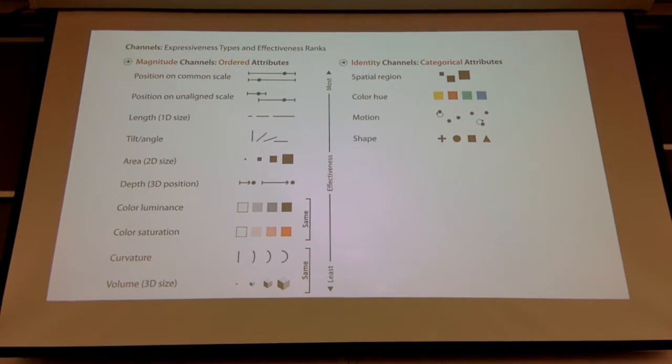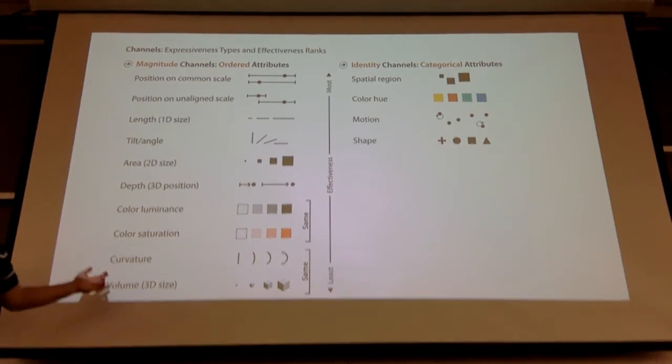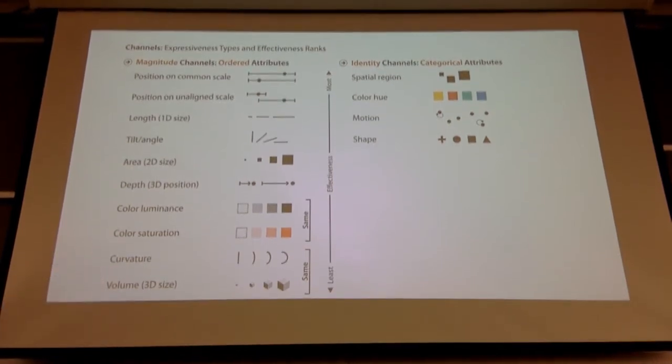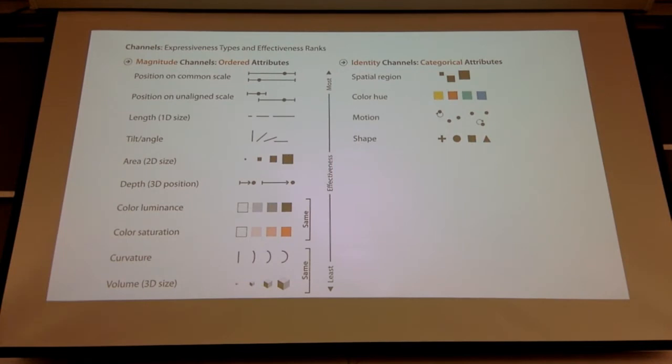This is the table from our textbook, and I think it is a very useful chart whenever you want to design a visualization. I mentally look at this image, and then I ask myself the question, what is the data that I want to encode? Is it a quantitative attribute? And then I think about what is the most important thing that I want to show about this data set, and then I use the highest possible channel, this is a ranked list.